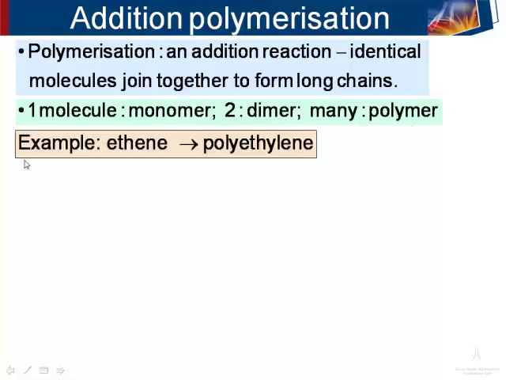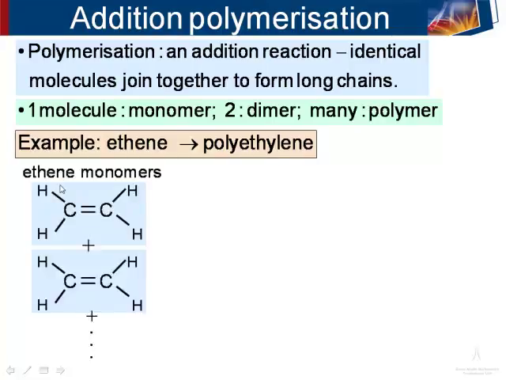If we look at an example which is very common, ethene is the monomer, and when we repeat many ethenes combined together in a polymerization reaction, we form polyethylene.